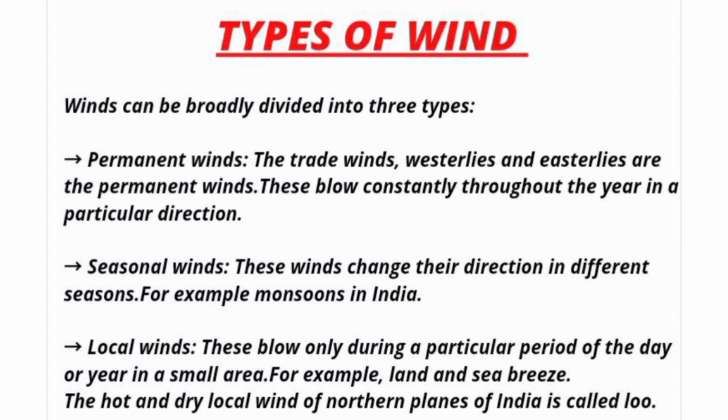And local winds, these blow only during a particular period of day or a year in a small area. Example, land and sea breeze. The hot and dry local winds of northern plains of India are called Loo.